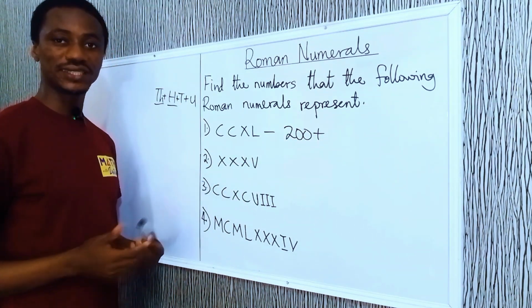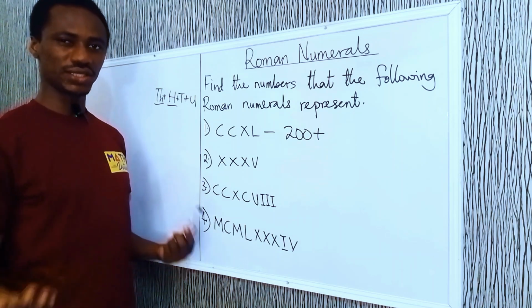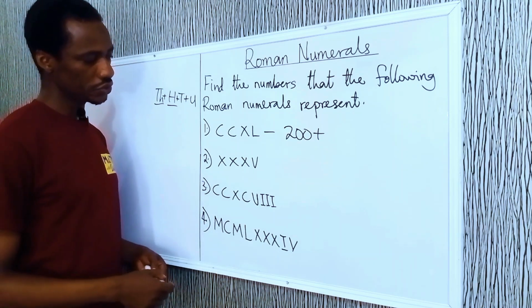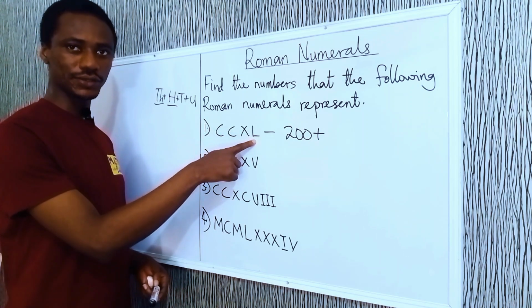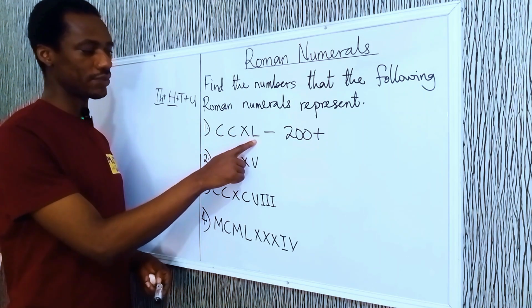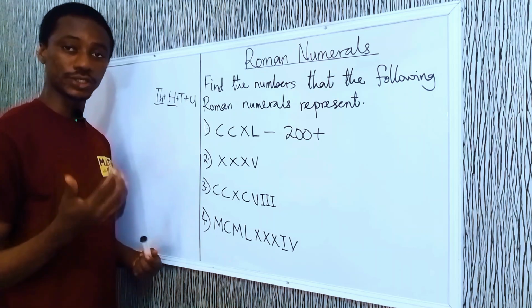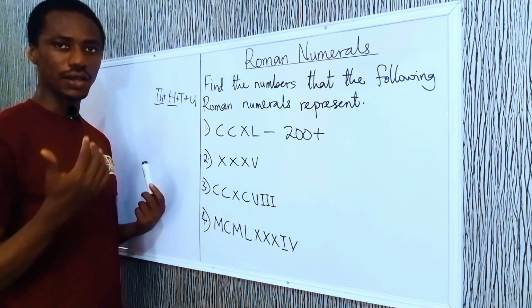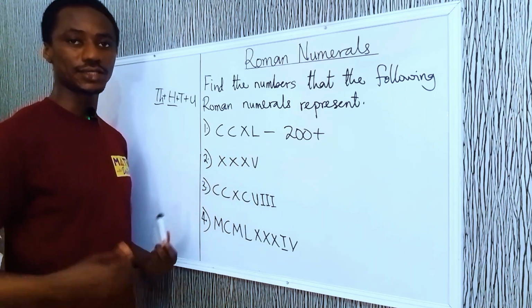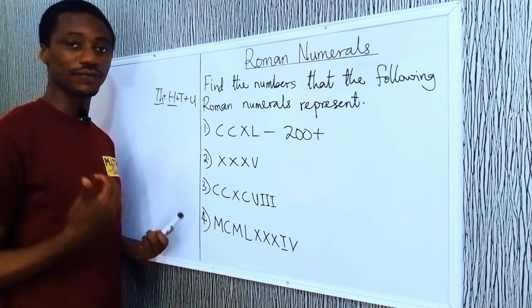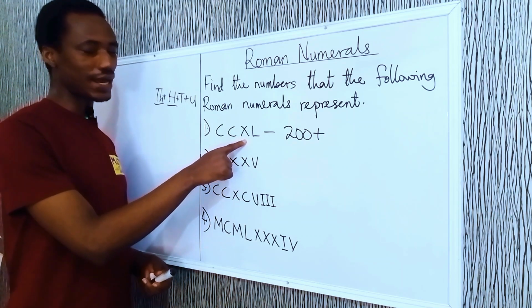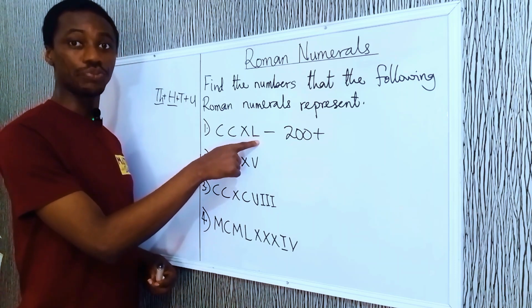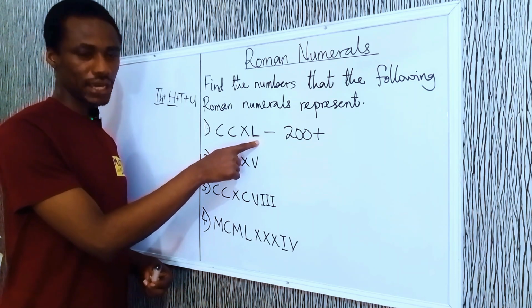So now we look for the tens. 10, 20, 30, 40, 50. So here we have 10, but after it we have a bigger number which is 50. So we know that this is 50 minus 10, which is 40. Or from our memory we already know that XL is 40. But if you can't remember that, once you check, you see 10, and then you realize that the next letter after it is bigger, then you know that's a subtraction.